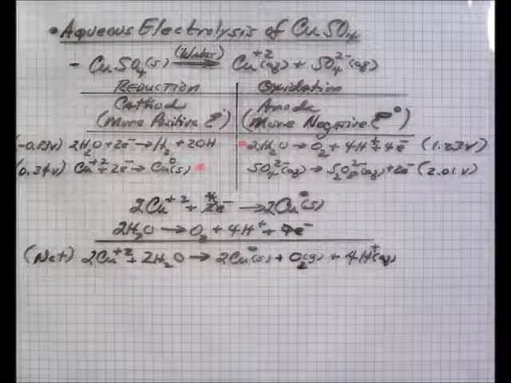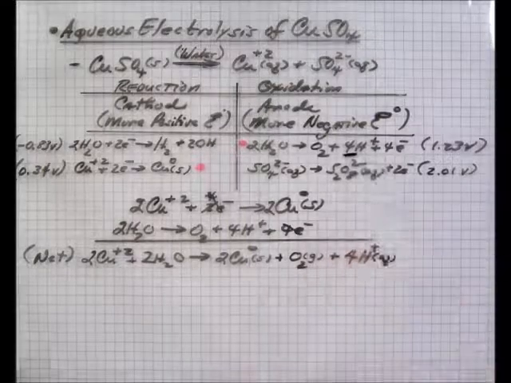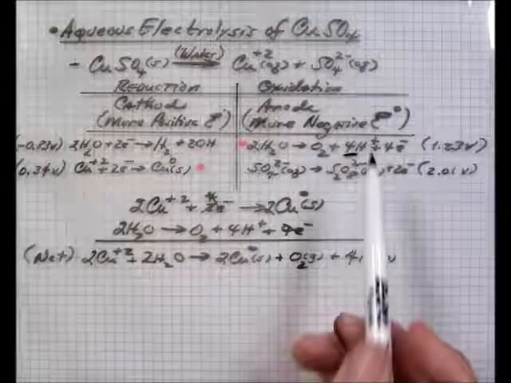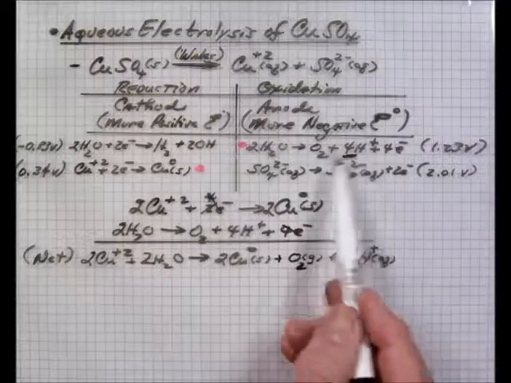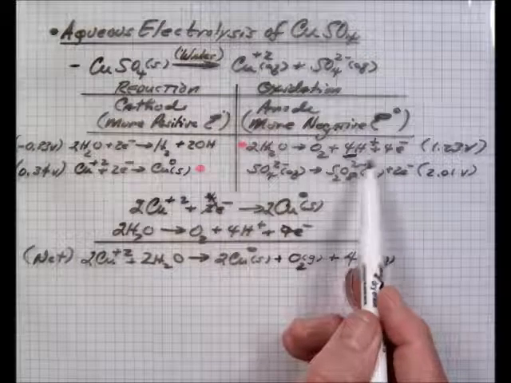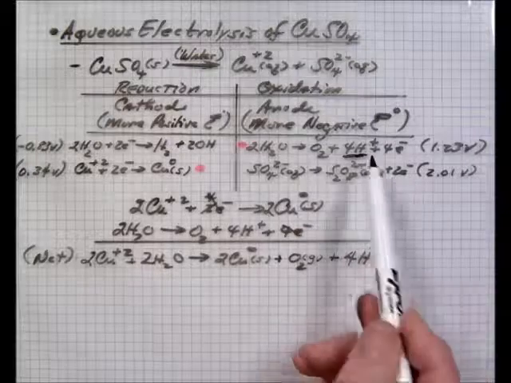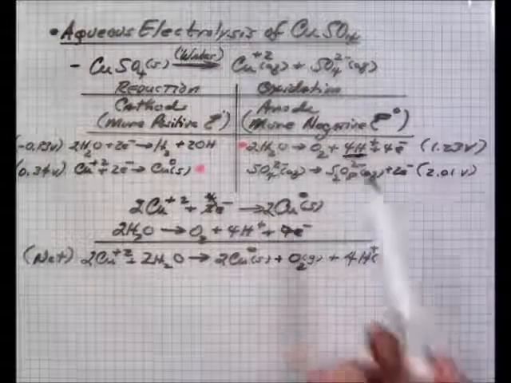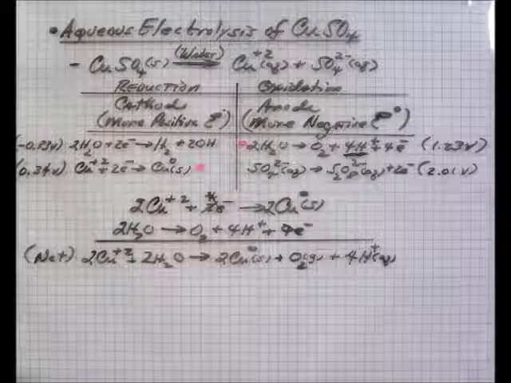Now one of the things you can look for experimentally is that you can test the solution next to the oxidation side, or the anode, and you'll find it will turn blue litmus red, excuse me. And so you can test for presence of acid, and you can also see the generation of oxygen gas in the reaction.